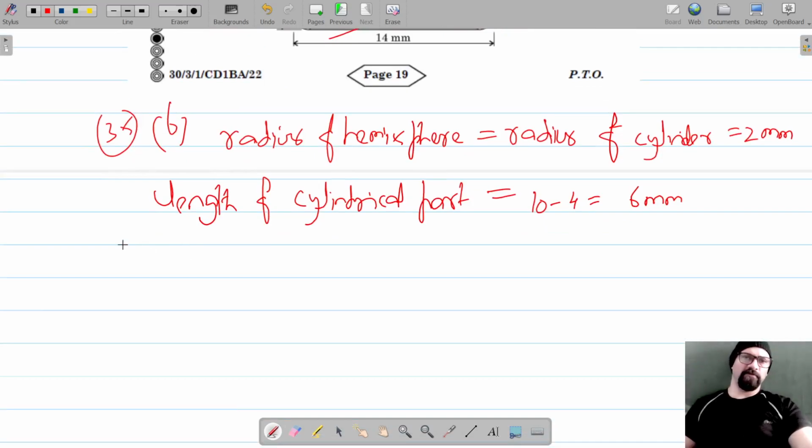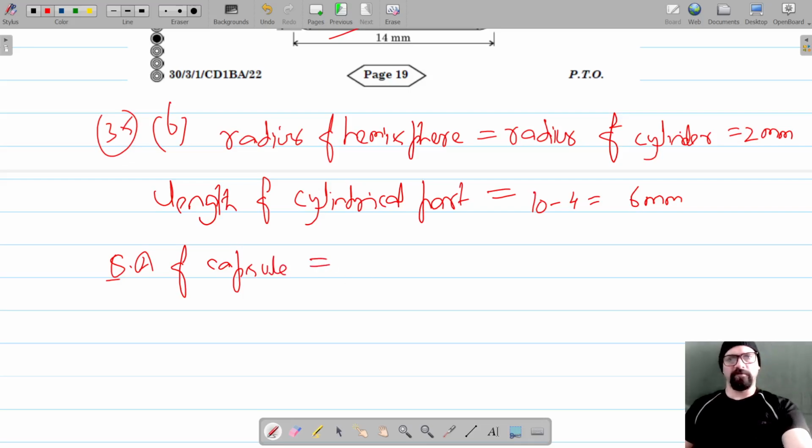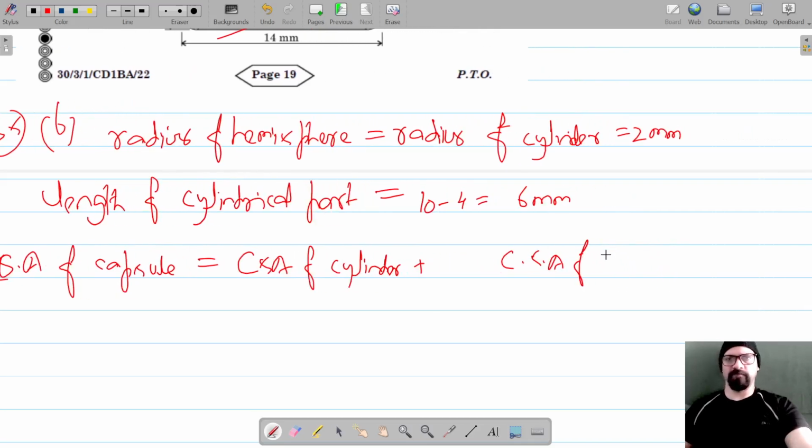Now let's find the surface area of capsule. So surface area of capsule is equal to the curved surface area of cylinder plus curved surface area of two hemispheres.